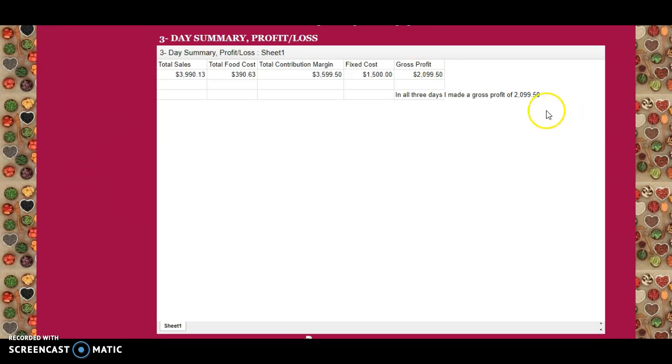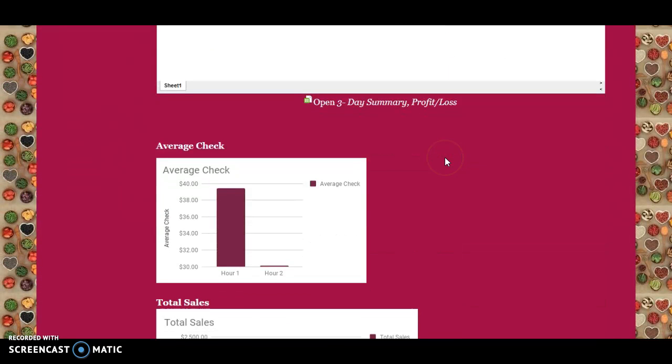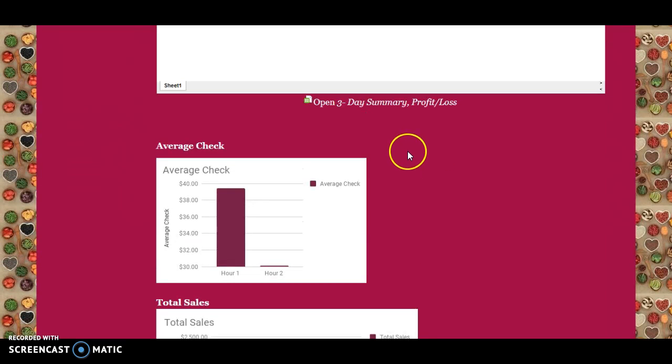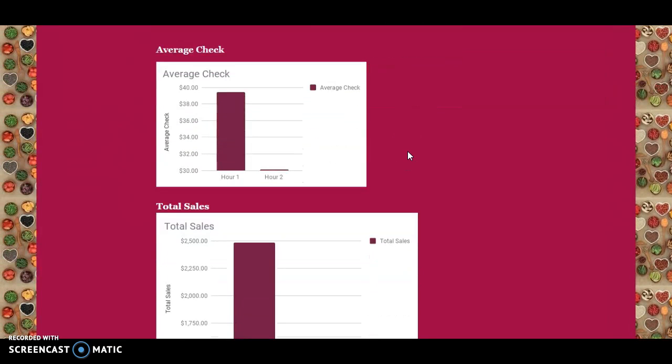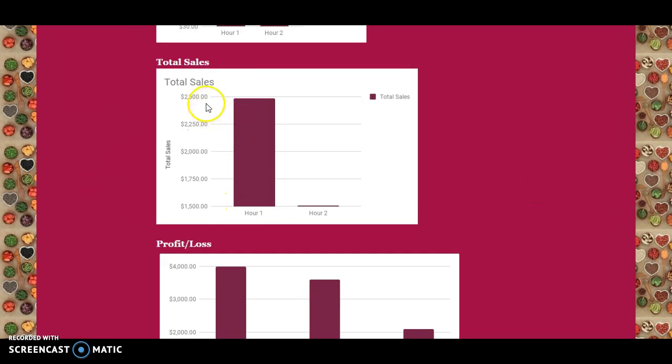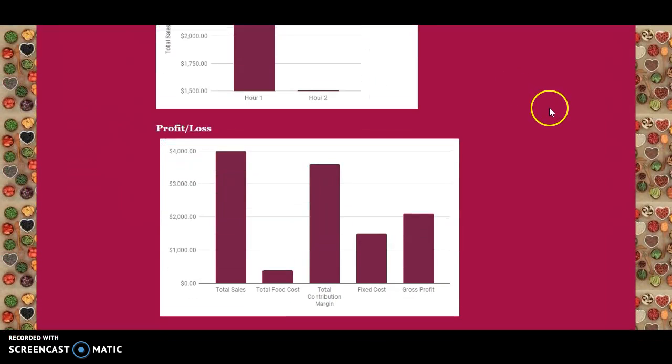Scrolling down a bit further, you can see all of the graphs that I have for average check, total sales, and profit and loss. So for hour 1 for average check, it was just under $40. Hour 2 was just above $30. Total sales, hour 1 just under $2,500, and in hour 2 is just above $1,500.